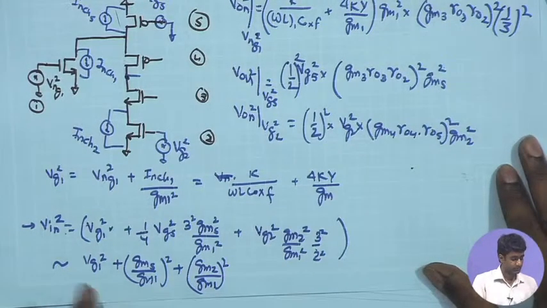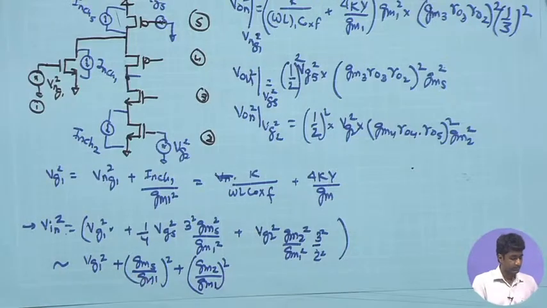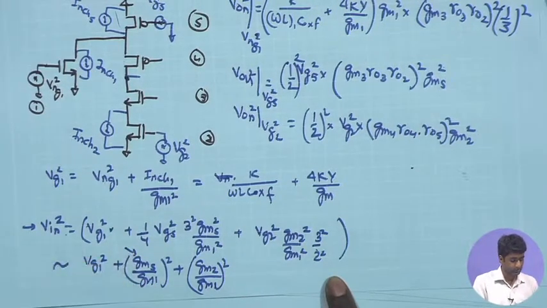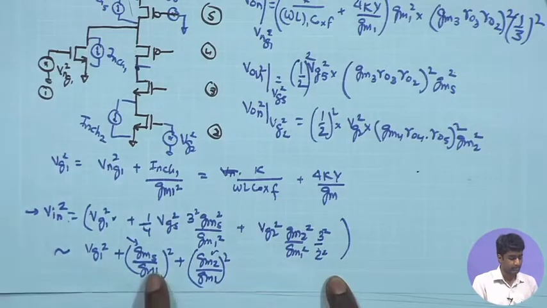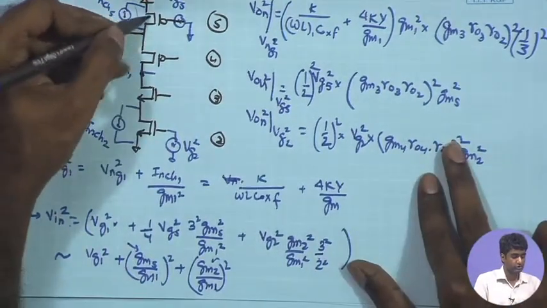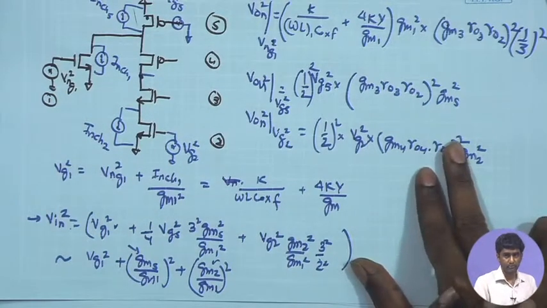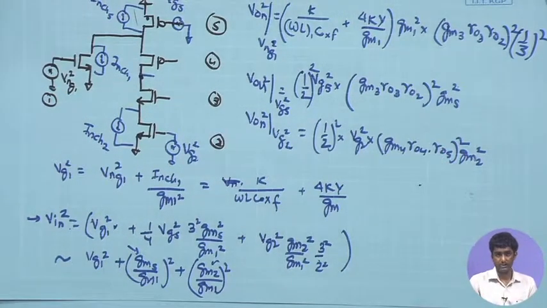And if I look at this ratio, definitely it means that I would like to reduce the GM5 and GM2 as compared to GM1. So, I would like to reduce the GM of 5, I would like to reduce the GM of 2, and I would like to increase the GM of 1 for getting a better noise.